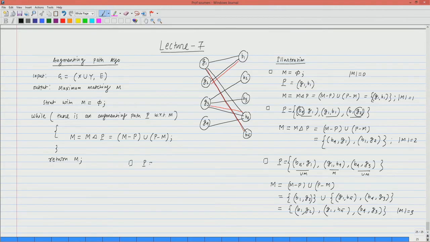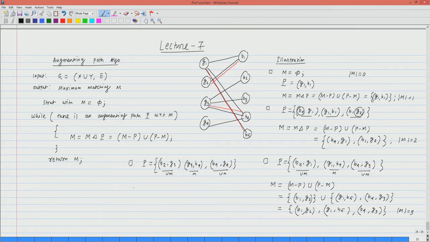You can check that B2 G3, G3 B4 and B4 G4 is an augmenting path, because this is a matched edge, these are unmatched edges, and this is an unmatched vertex, B2 is also an unmatched vertex.